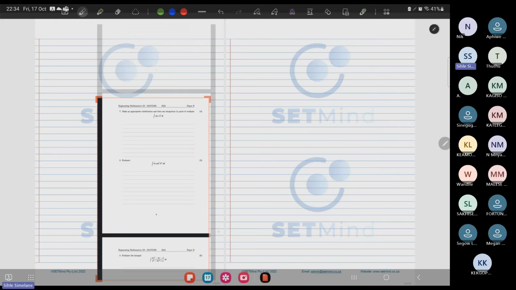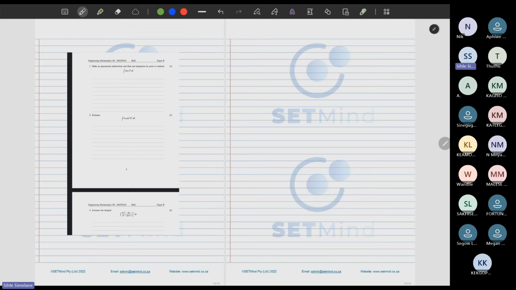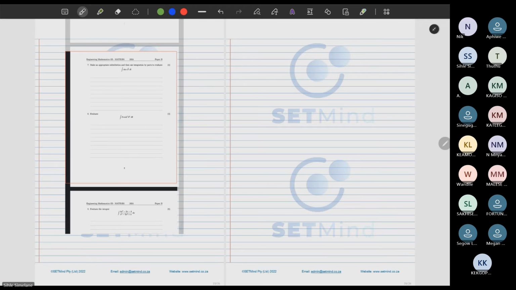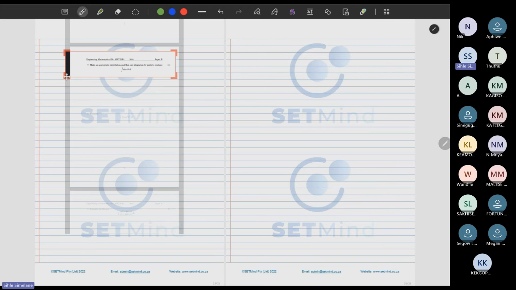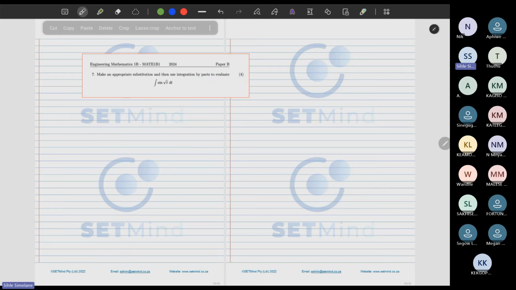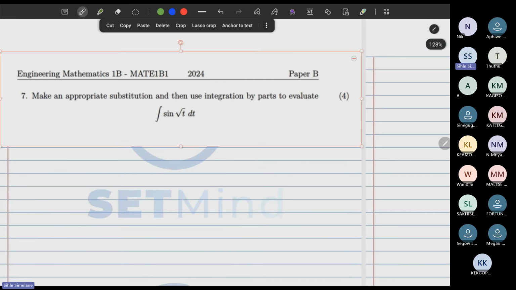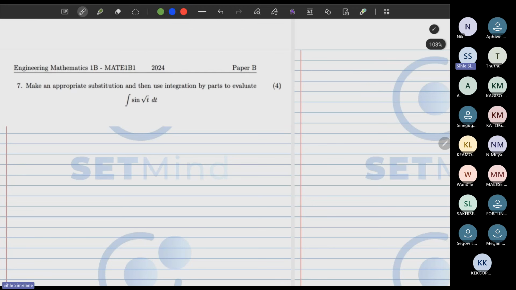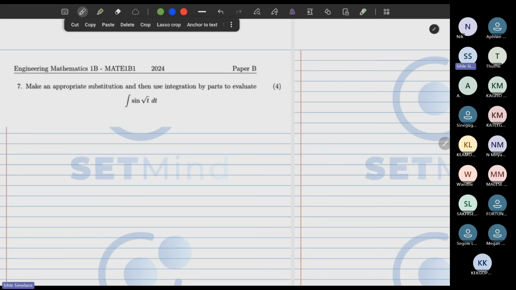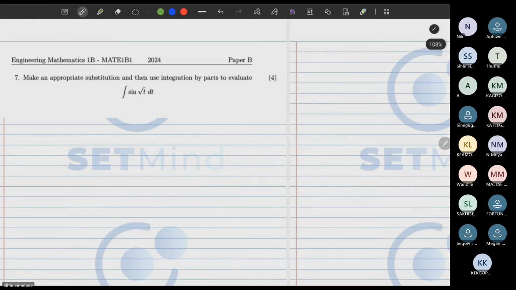So where I'm going to stop is on these two questions, okay? If you look at your 2024 paper, they still expect you to, or you were given one of these questions where we needed to integrate, and this was using substitution.